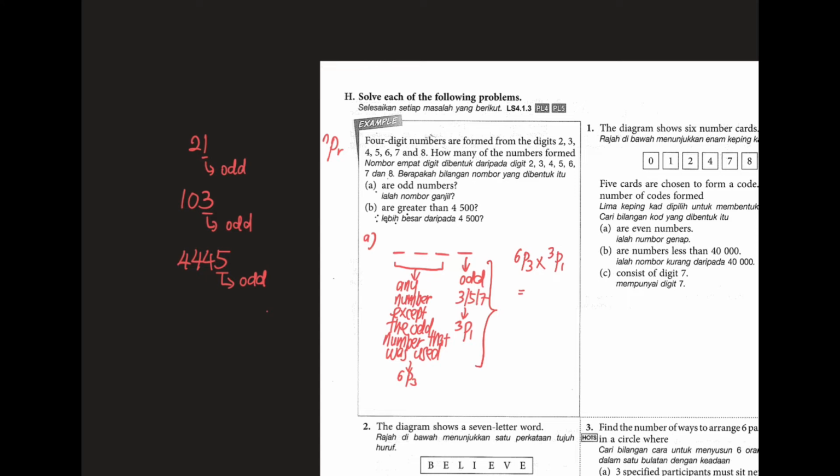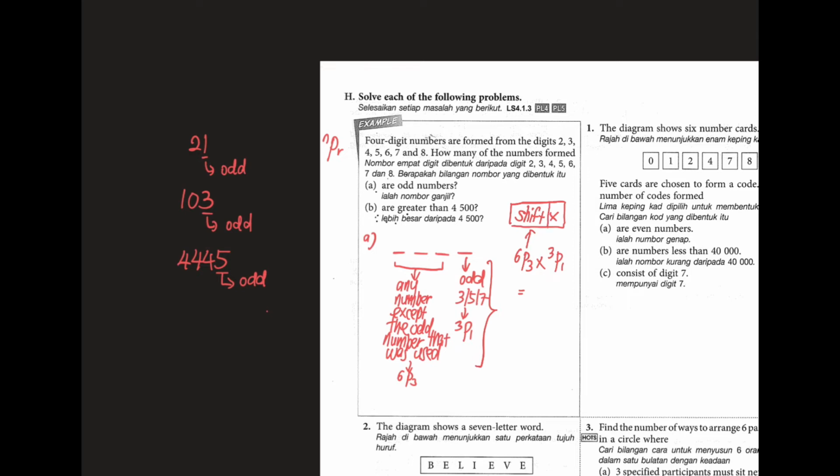6P3 is, check with the calculator. If you are wondering how to press the P, you can just press shift multiply, and the P will come out. You press 6 first, then you press shift multiply, and then you press 3.